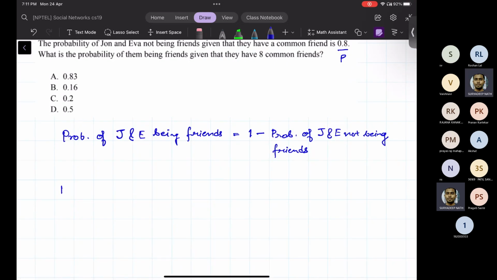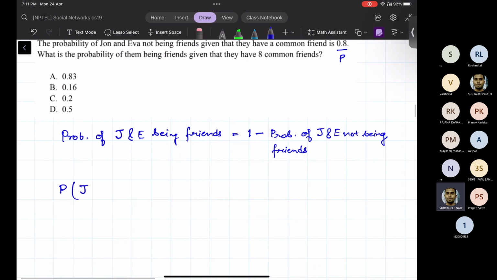So the probability of J and E not being friends, let us call it by this cross. Cross means they are not friends, given that they have 8 mutual friends. So we are denoting F1, F2, up to F8. So they have these 8 mutual friends.